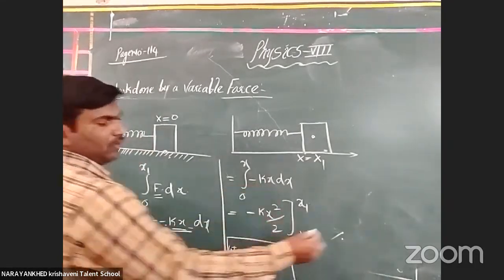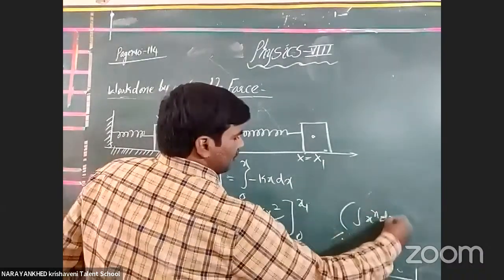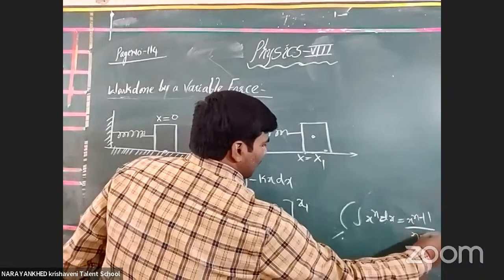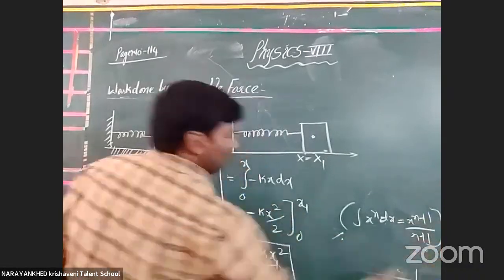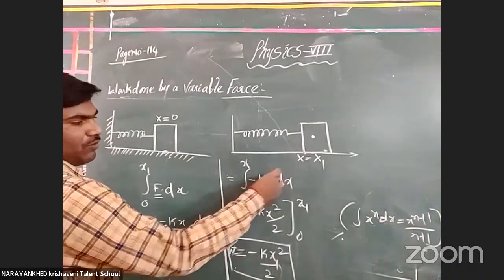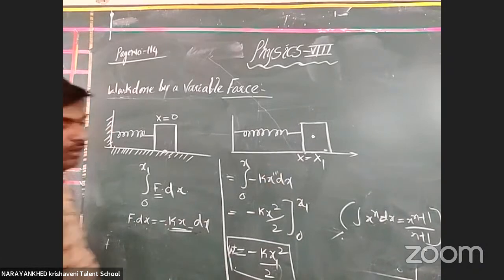Already we discussed that the integration of x to the power of n into dx, the formula is x to the power of n plus 1 by n plus 1. Based on this formula, with n equal to 1, we write 1 plus 1 by 2. Okay, clear or not?